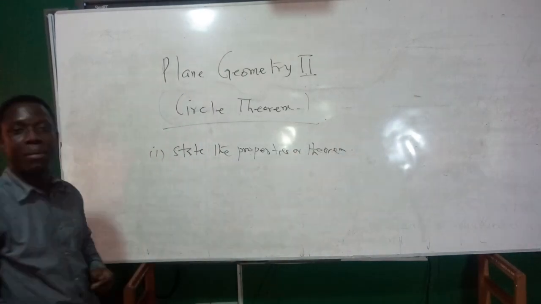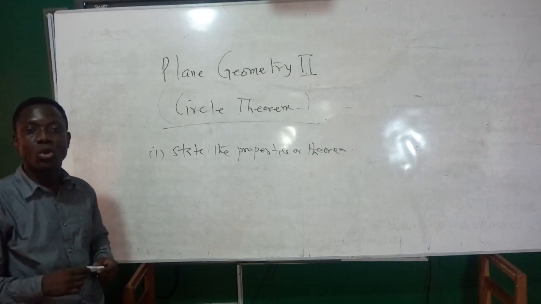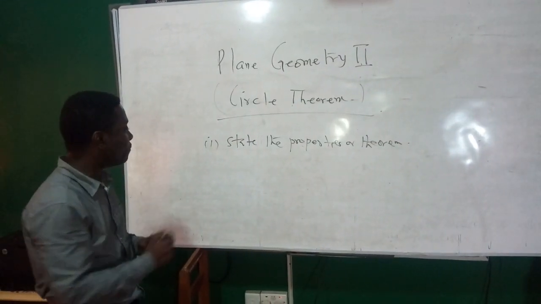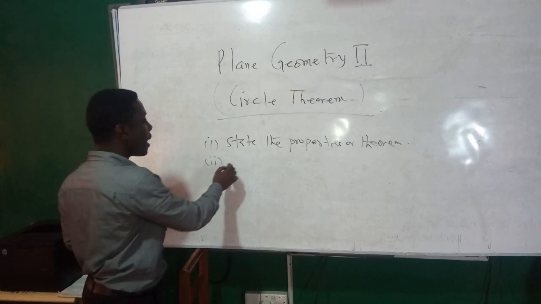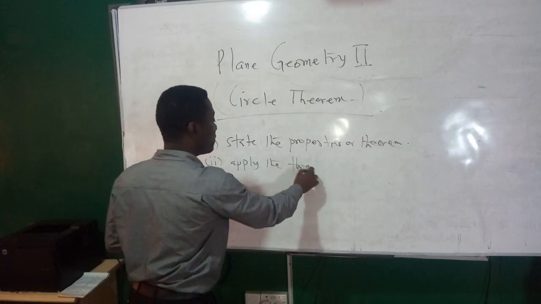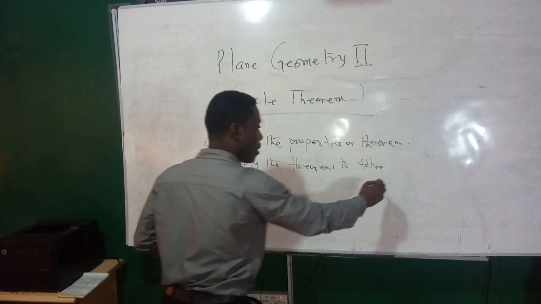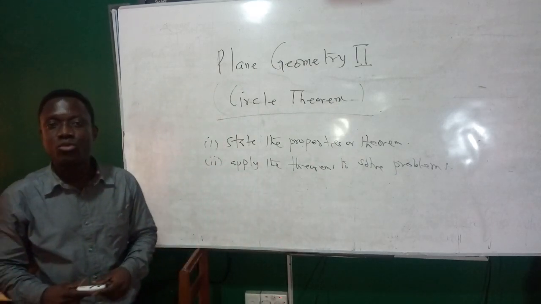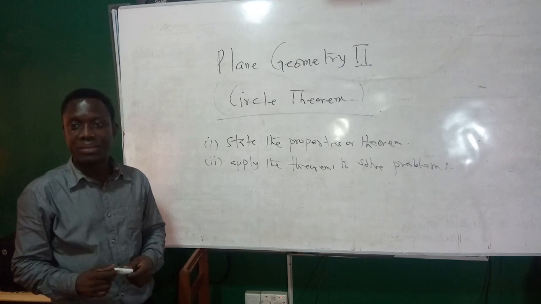We'll be looking at about 8 or so of them, and we expect that you should know them by heart, or be able to state them and know them for what they are. The second is that you should be able to apply the theorems to solve problems. So basically, these are the two basic learning objectives.